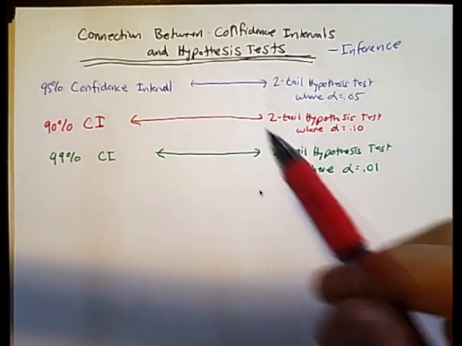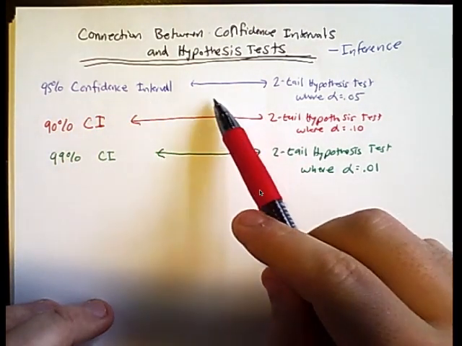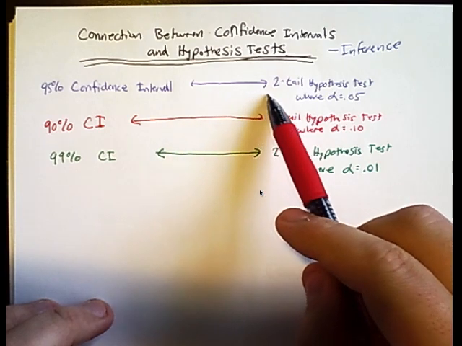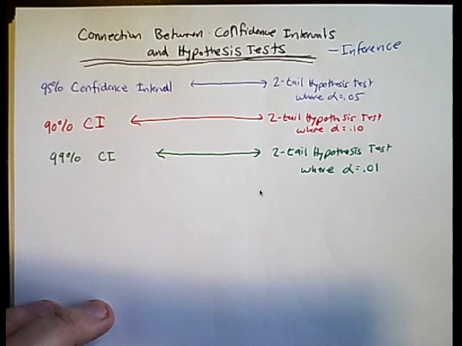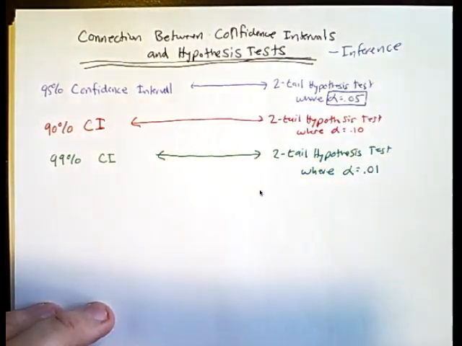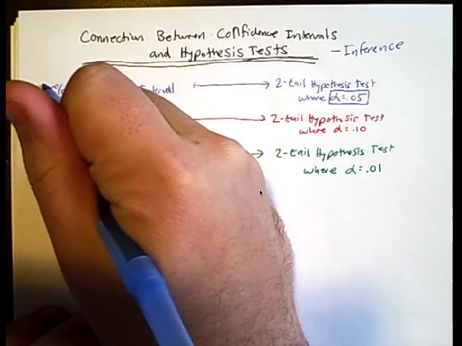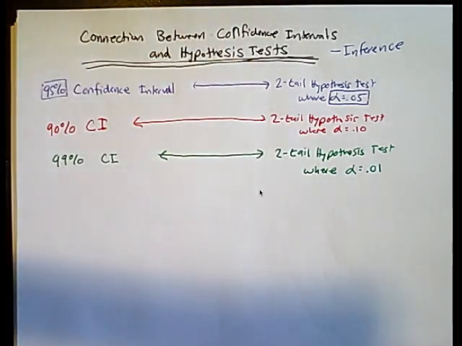Taking a 95% confidence interval is really akin to doing a two-tail hypothesis test where the alpha level would be 0.05. So alpha equals 0.05 and the 95% confidence interval, you can think of those as complementary to each other, so they add up to 1.